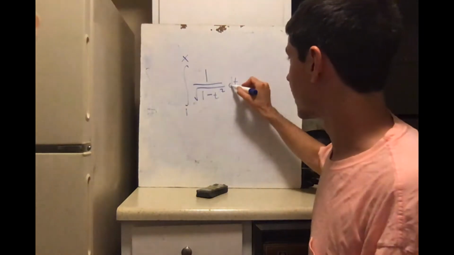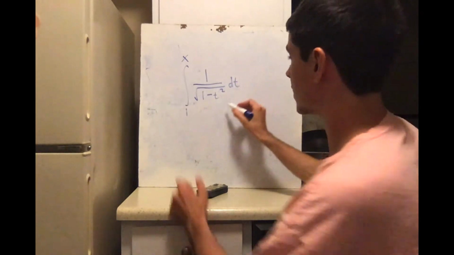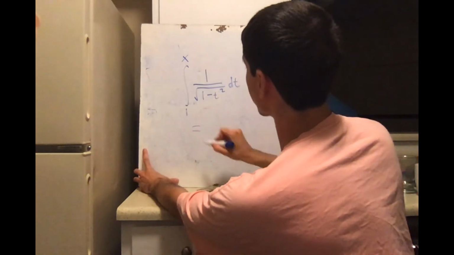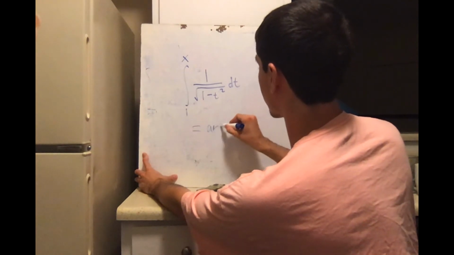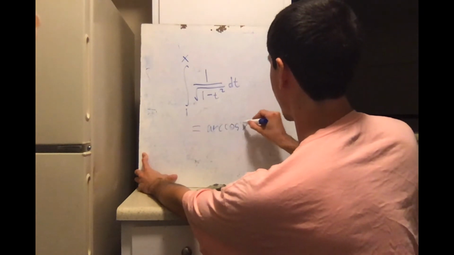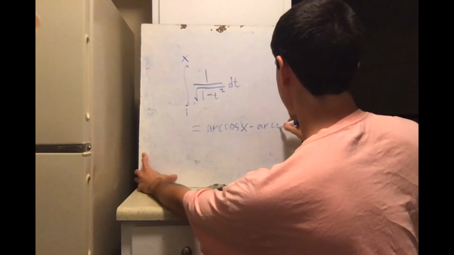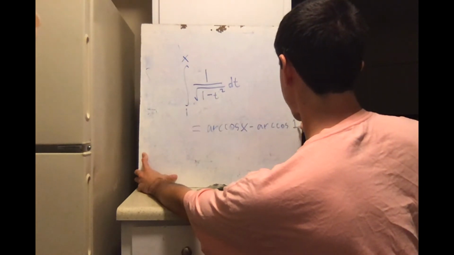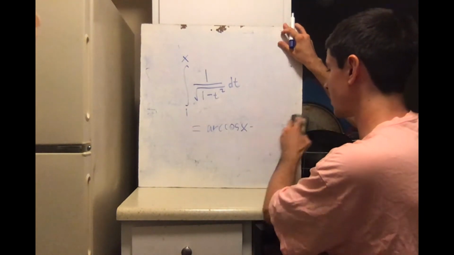And the reason it is, because of the fundamental theorem of calculus, this is going to be arc cos of x minus arc cos of 1. But arc cos of 1 is just 0, so it's just arc cos of x.